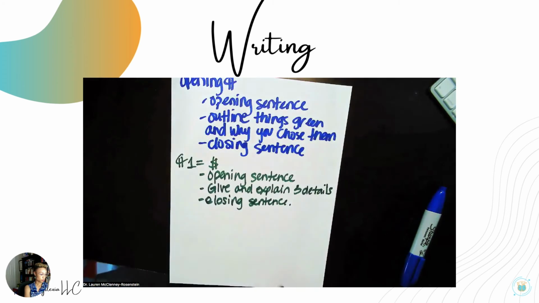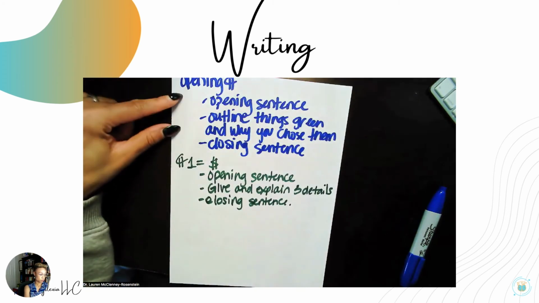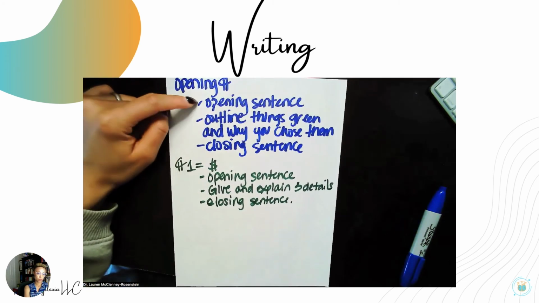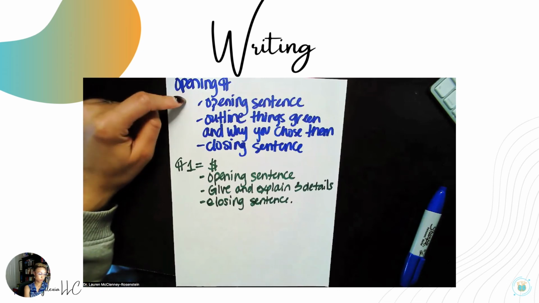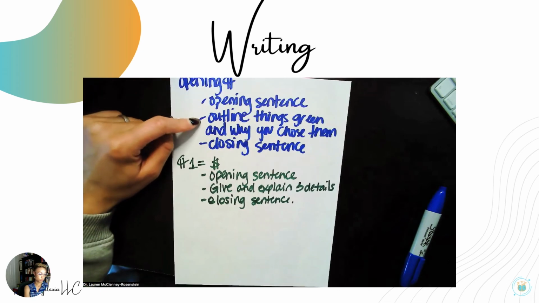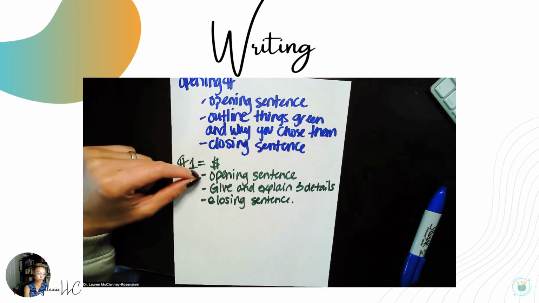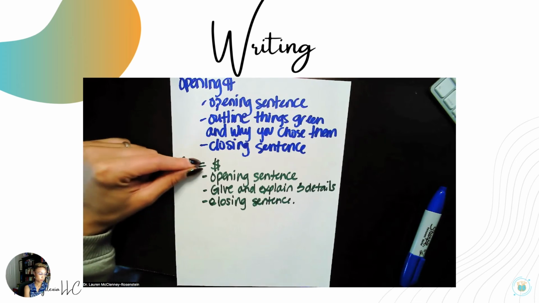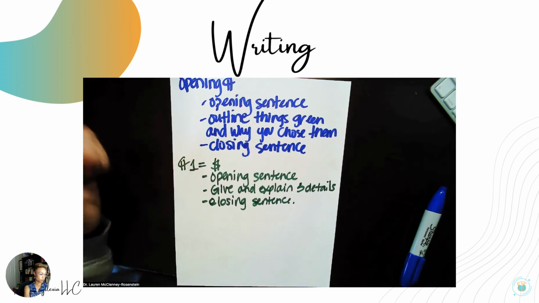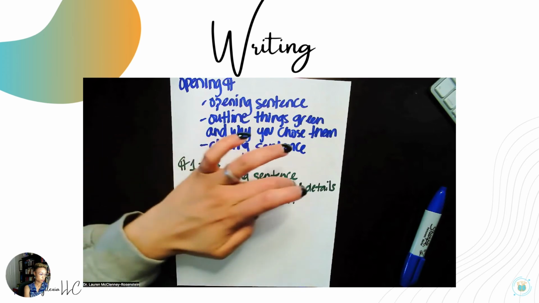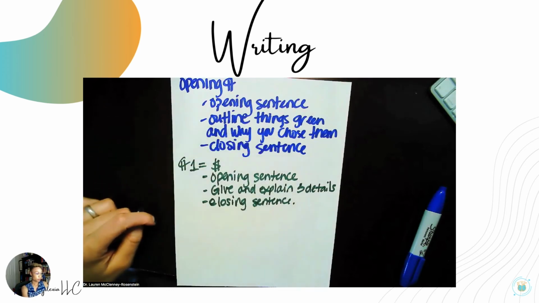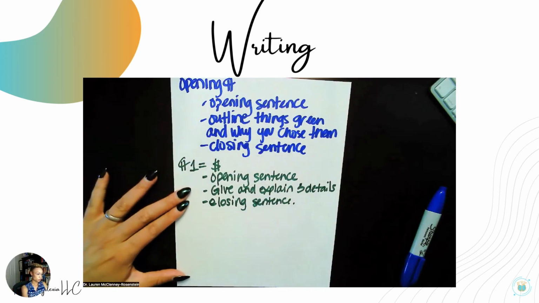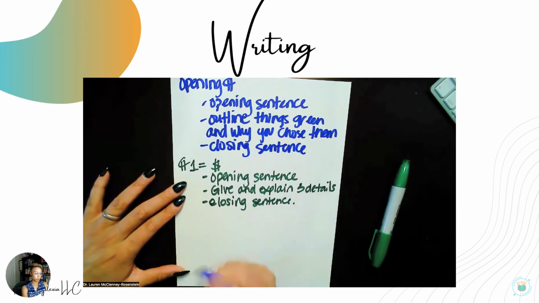So going back to this, it's the same structure for every single paragraph. Opening sentence. So this is the opening paragraph. Opening sentence, you outline what you're going to tell your audience about and why, and then you have a closing sentence. Opening sentence, you give what the 3 things are that relate to money and why they're green or anything about money. And then you give 3 details and a closing sentence. And then, of course, after all 3 paragraphs, you want to have a closing paragraph.